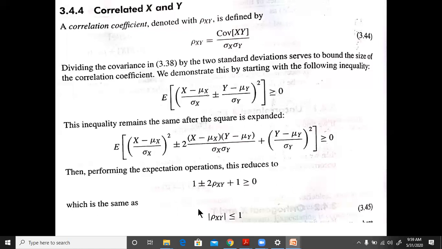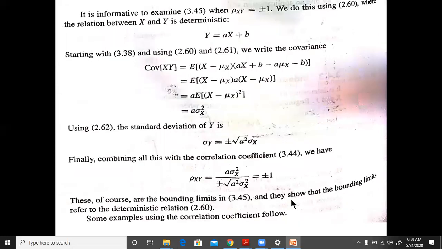If you simplify this and take this term to the other side, the direction of the inequality is going to shift. Therefore, we'll get that rho xy is always less than or equal to 1.